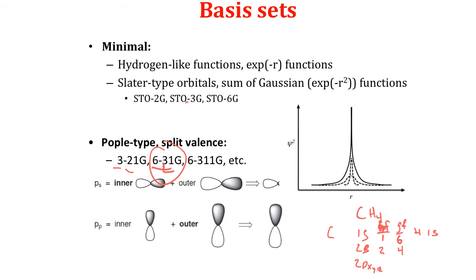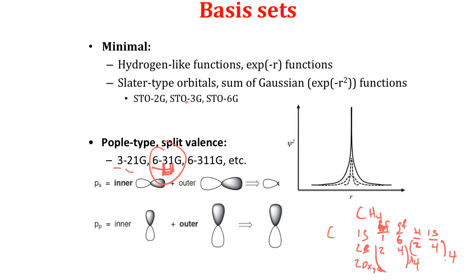The fact that there are 2 digits here means that I need 2 basis functions for each one of my valence orbitals. And this is going to be multiplied by 4 for each of the 4 valence orbitals. So 2 basis functions, 4 Gaussian functions. And then for hydrogen, the 1s is its outer valence orbital, so the 3 and the 1 apply. So it's a 2 and a 4.